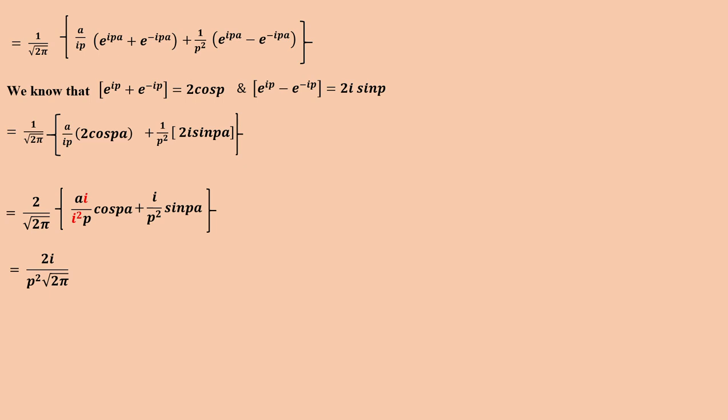The remaining term i square is minus 1, so minus a p cos p a, because in the denominator you have p, so you have to multiply p in the numerator when taking the LCM as p square, plus sin p a. So f bar of p is equal to root 2 i by p square root pi times (sin p a minus a p cos p a), because 2 and root 2 get cancelled, leaving root 2 in the numerator. Thanks.